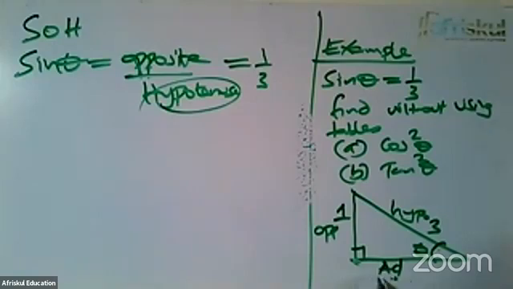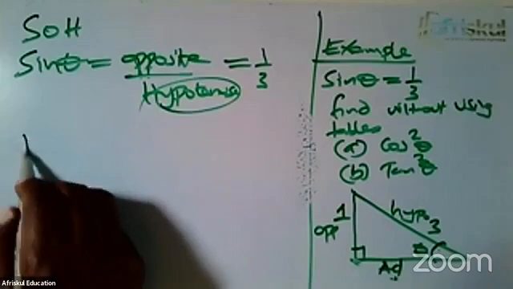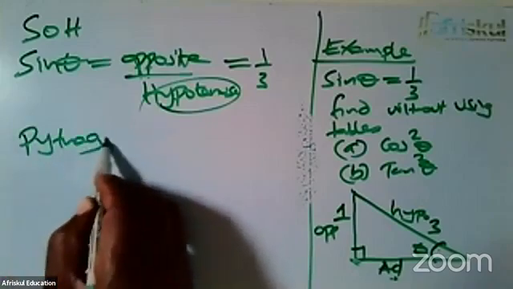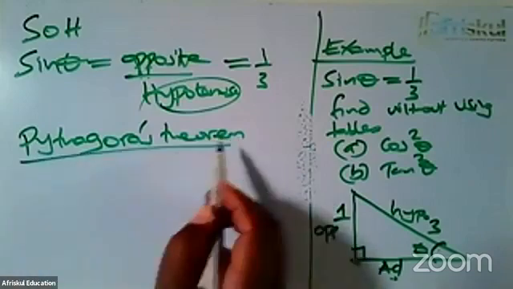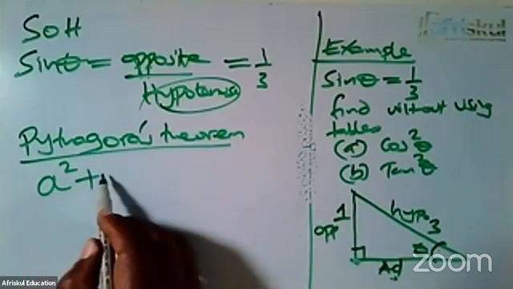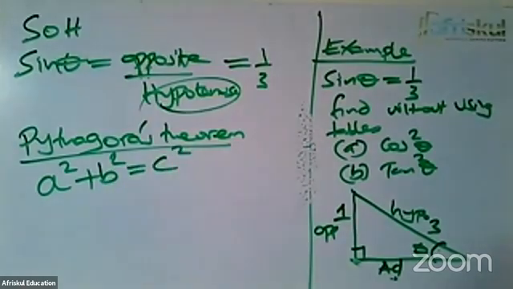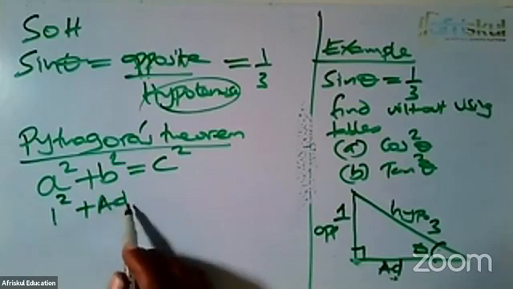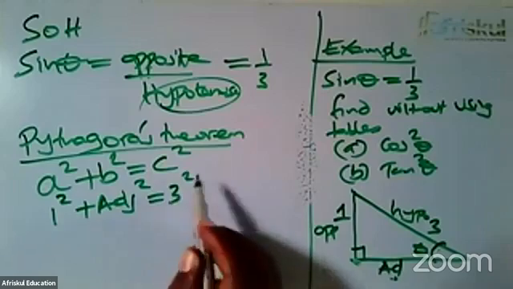How do we find this? Given that this is a right angle, I will use the Pythagoras Theorem. Pythagoras Theorem says that a squared plus b squared should be equal to c squared. Remember, c is the hypotenuse. The opposite, a, is 1. So 1 squared plus the adjacent squared, which we don't know, should be equal to 3 squared, which is 9.